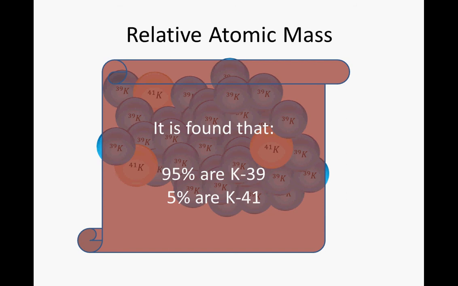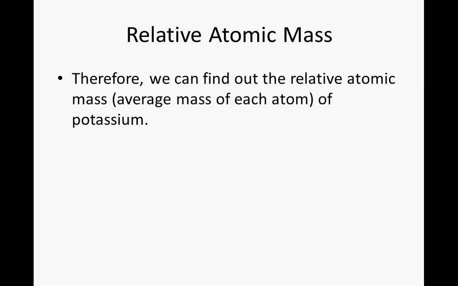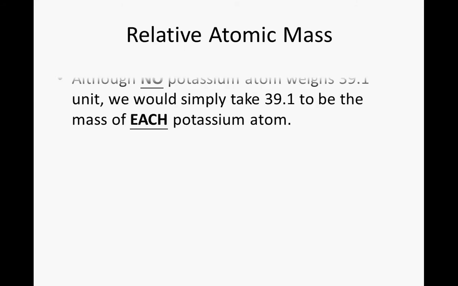It is called the weighted average. We can calculate it as follows: 39 times 95% plus 41 times 5%. So the weighted average is 39.1. Note that there are no units here. Actually, in this world, no single potassium atom weighs 39.1 units.